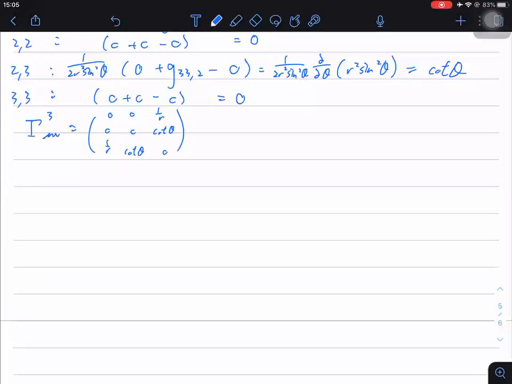Okay, so let's continue to part E: calculate the gradient, the Laplacian, the vector divergence, and I believe the vector Laplacian in spherical coordinates.